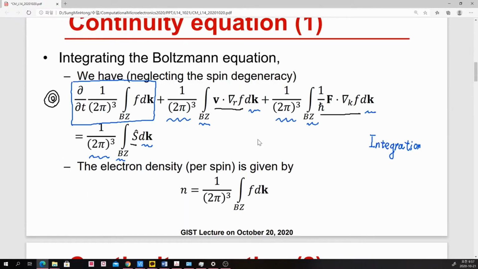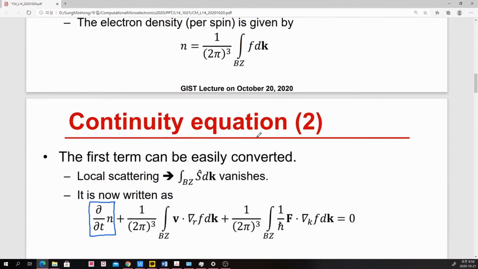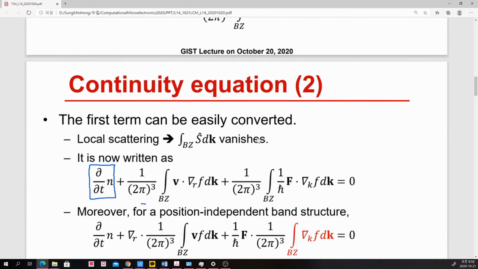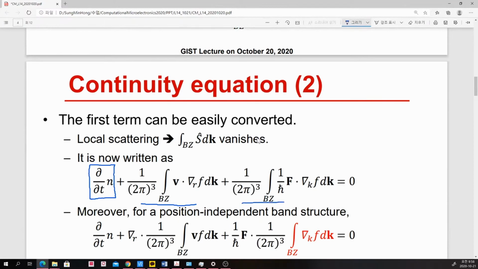We have the remaining 3 terms, and I just copied and pasted them in my next slide. So please have a look at it.